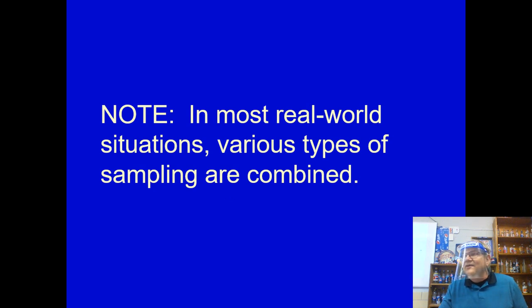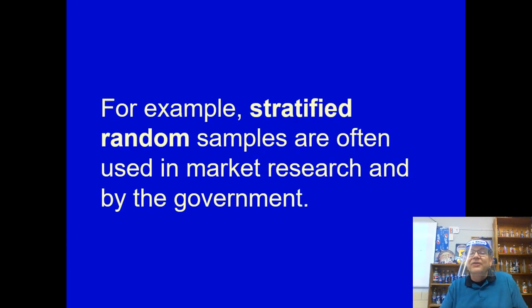Now, like I said, your book is always going to assume that all of these are cut and dry, and there will always be something in the problem that tells you which one it's supposed to be. In the real world, though, people do overlap these all the time. One real common thing that's overlapped, for example, is what are called stratified random samples. This is the sort of thing they typically use in political polling.